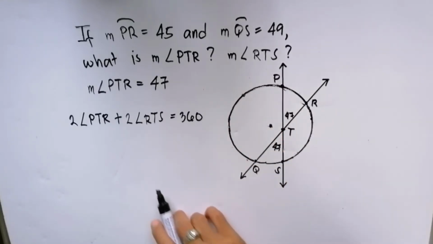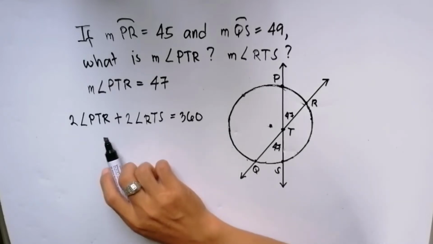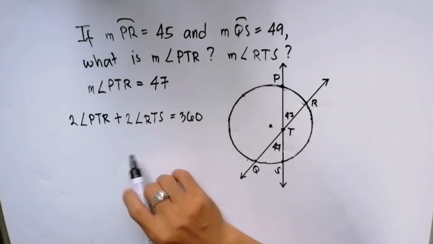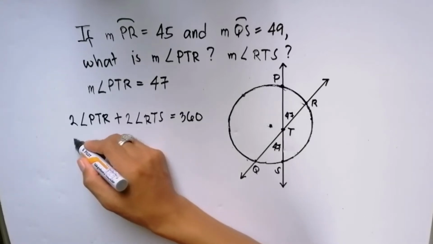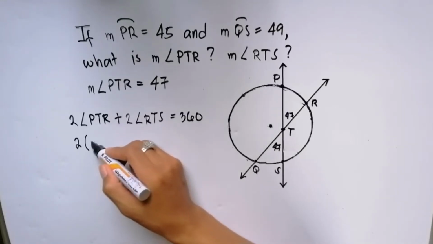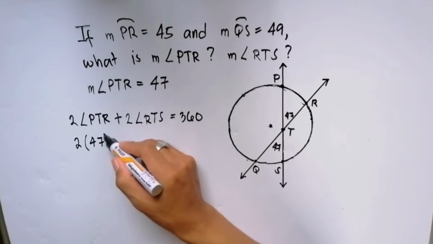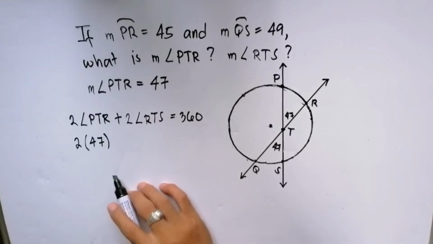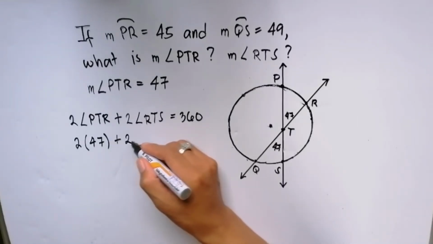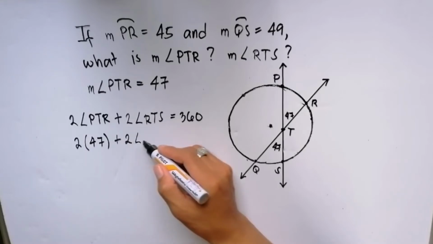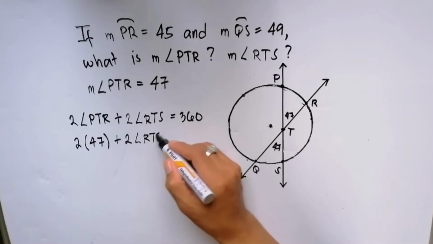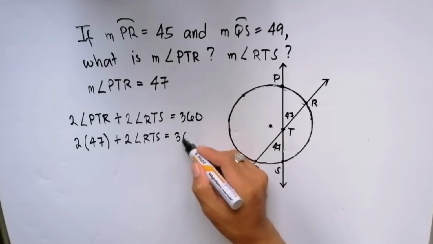Then substitute the value of PTR, which is 47. We have 2 times 47 plus 2 times RTS is equal to 360.